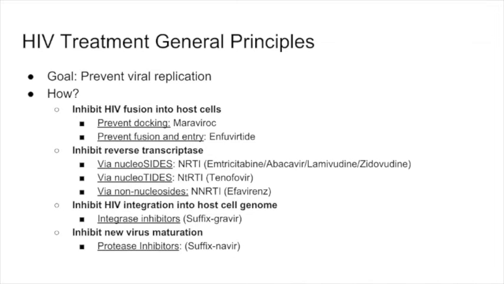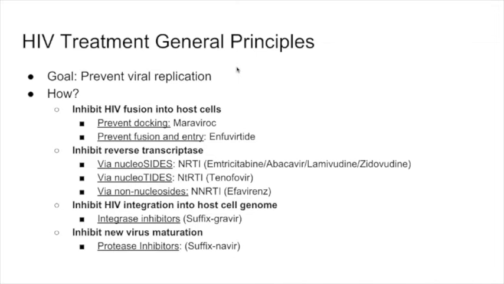HIV is a complicated virus, and the treatments are also quite complicated. So it's very important for you to understand the principles of the treatment. That's why I put it into one slide.